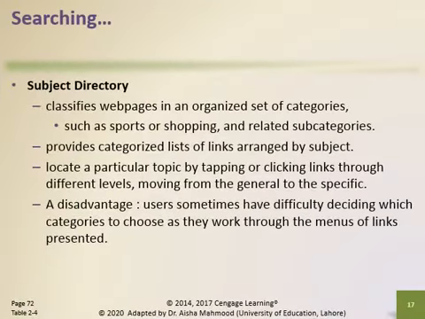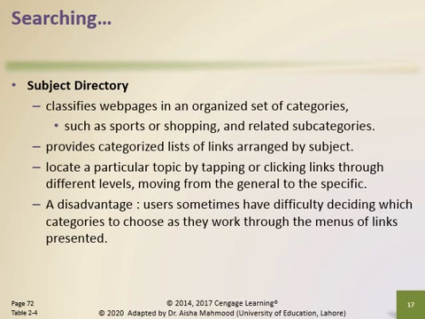A subject directory classifies web pages in an organized set of categories, such as sports or shopping, or related subcategories. A subject directory provides categorized lists of links arranged by subject. Using a subject directory, you locate a particular topic by tapping or clicking links through different levels, moving from the general to specific.